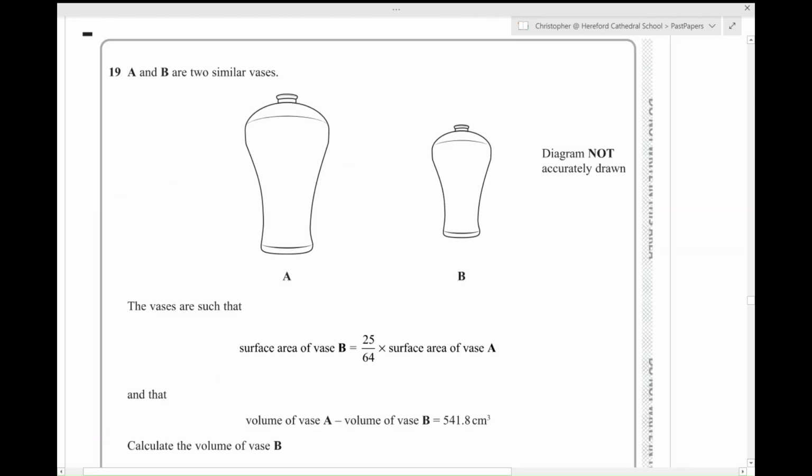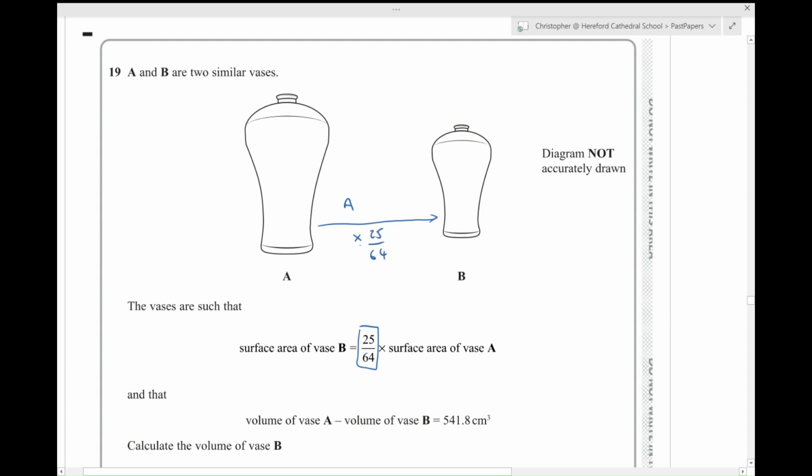Okay. Question 19. A and B are two similar vases, and the surface area of vase B is that fraction of the surface area of vase A. So the area scale factor, to go this way, is a multiplier of 25 over 64.